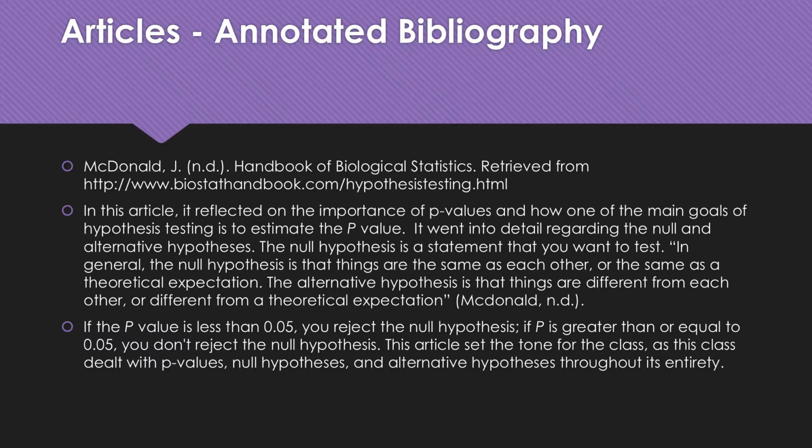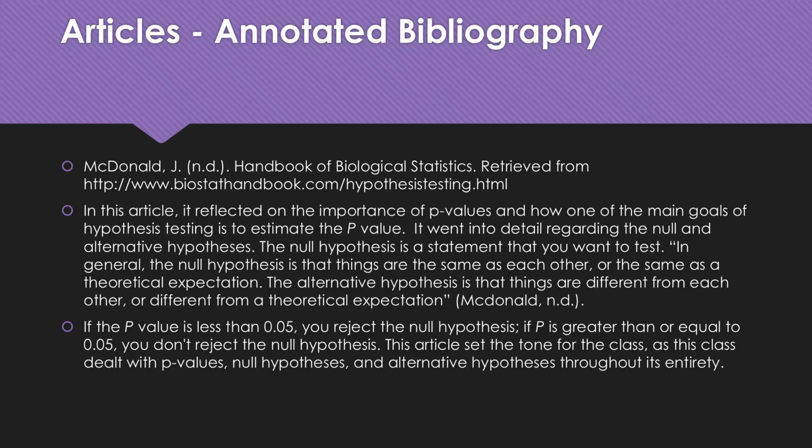One of the articles for the annotated bibliography came from the Handbook of Biological Statistics. In this article, it reflected on the importance of p-values and how one of the main goals of hypothesis testing is to estimate the p-value. It went into detail regarding the null and alternative hypothesis. The null hypothesis is a statement that you want to test. In general, the null hypothesis is that things are the same as each other, or the same as a theoretical expectation.